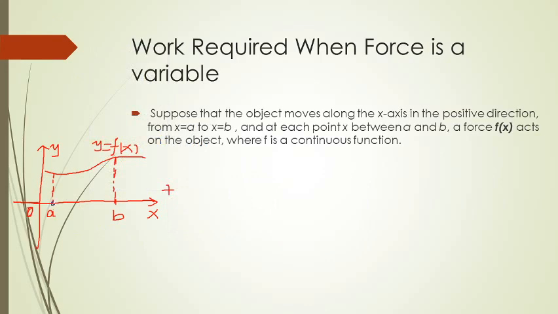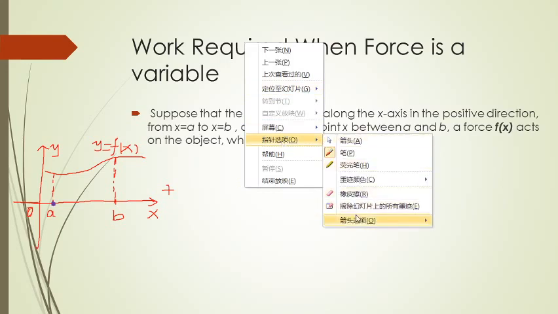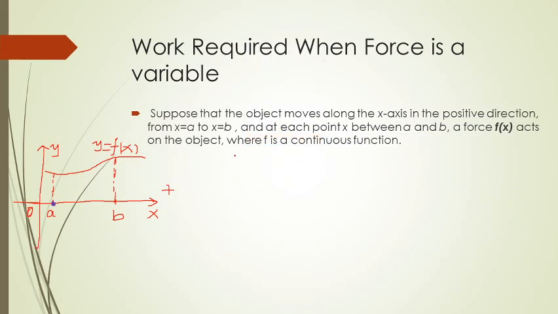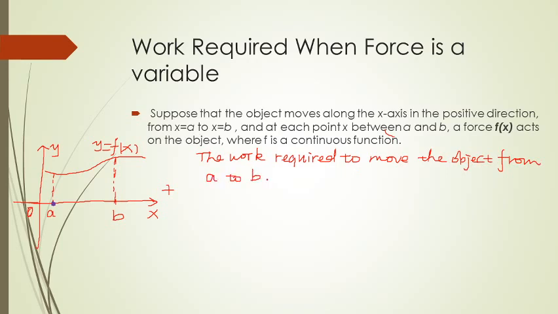So an object that will be taken as a point to move, it will start to move from A to B, and we need to work out the work required for the object moving from A to B. Now we understand you cannot use F times (B minus A).